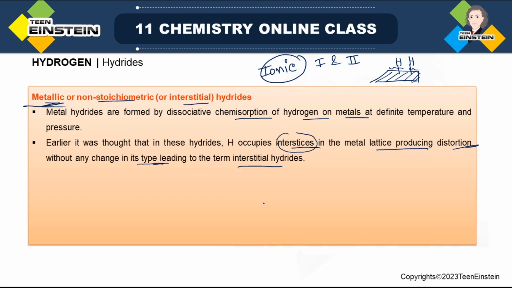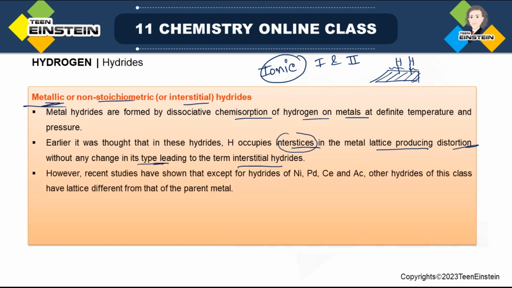But actually recent studies have shown that except for hydrides of some particular elements, other hydrides of this class have a lattice which is completely different from the parent metal with which it is forming the hydride.